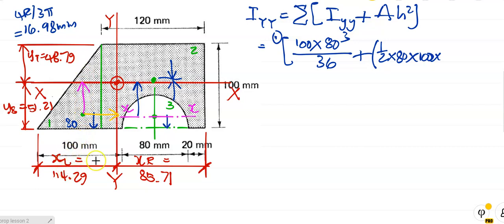And notice, when you're working out IYY, it is the horizontal distance between parallel, vertical, YY axis. Did you get that? I'll say that again. When you're working out IYY, the distance H is the horizontal distance between parallel, vertical y-axis. That's the y-axis of the triangle. That's the y-axis of the whole cross-section.